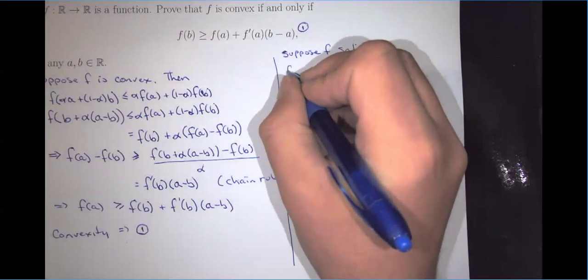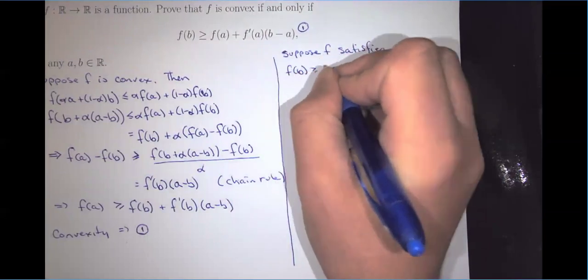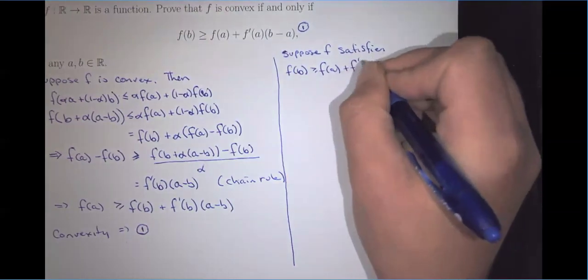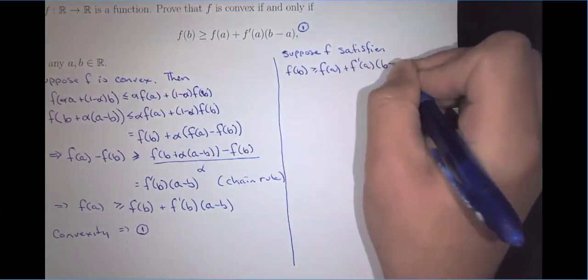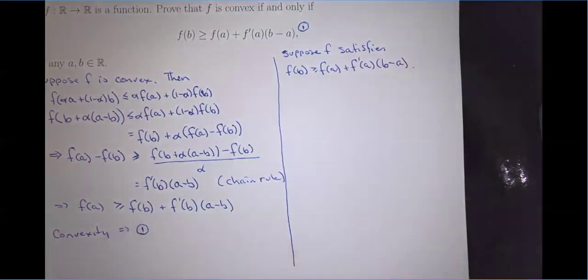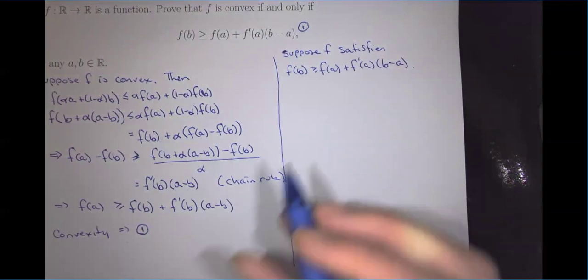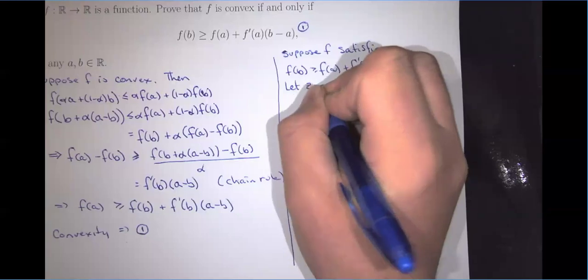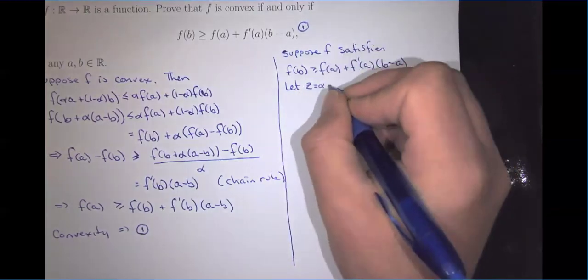f of b greater or equal to f of a plus f prime of a times b minus a. And let's take a value z that's a convex combination of a and b. So let z be any convex combination of a and b.